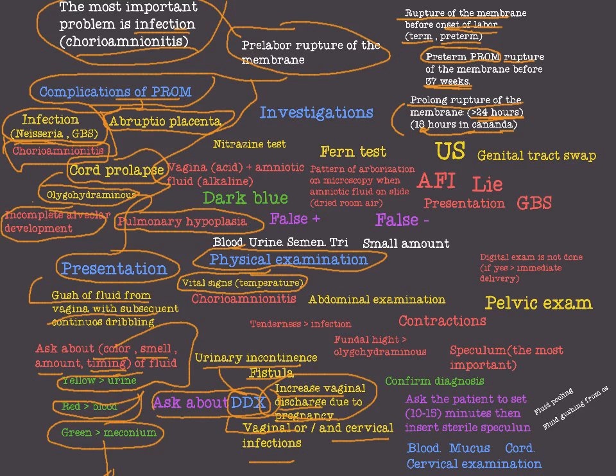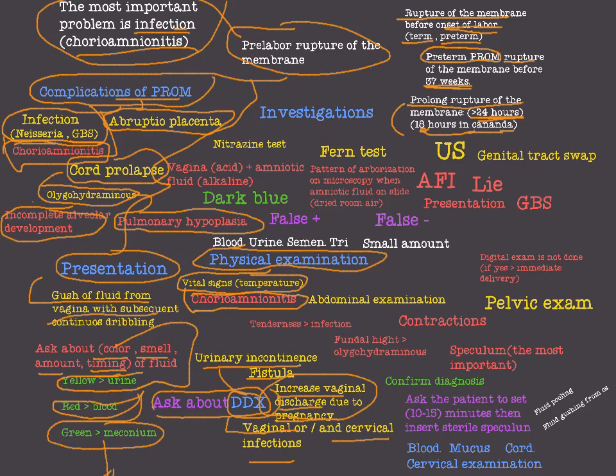So in vital signs, we will notice the temperature, mostly to see if we have chorioamnionitis or any infection. Heart rate and pulse will also be beneficial in this case to know any signs of infection.